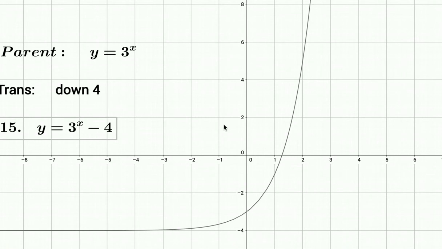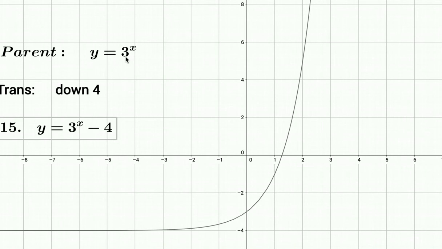Number 15, it looks like an exponential function, and the base you will have to check. So I'm using the y-intercept point and the second point, which is when x equals 1. So I use these 2 points to check my base, and it turns out the base is going to be 3. So the parent function of this graph is going to be y equals 3 raised to the x power.